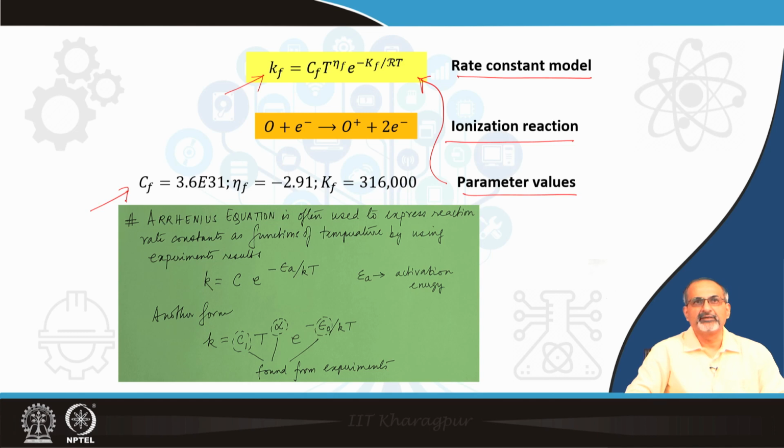The value of Cf happens to be a very large number, of the order of 10 raised to the power of 31, and eta f is a rather small number which comes up over here in the exponent of temperature. Kf, again here in the exponential term, happens to be a fairly large number, but that is in a negative sense there in the exponent.